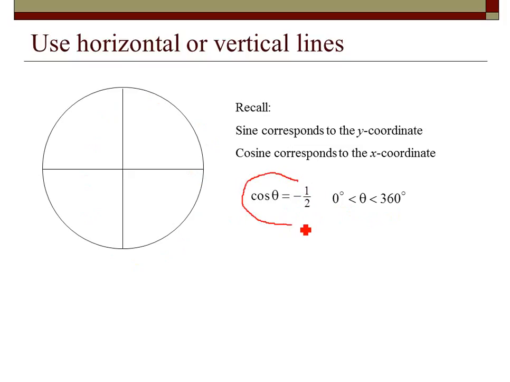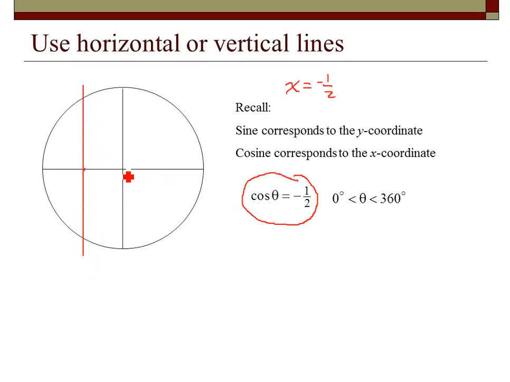Cosine is -1/2. That's kind of like saying I need the x-coordinate to equal -1/2. So I find -1/2 on my x-axis, and I draw a vertical line, and now I'm going to try to figure out my angles.